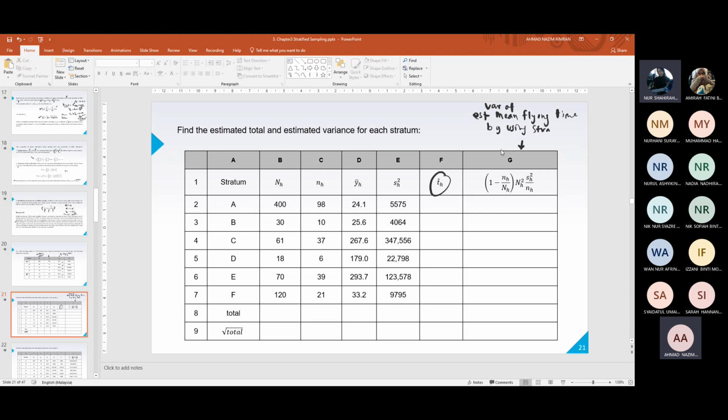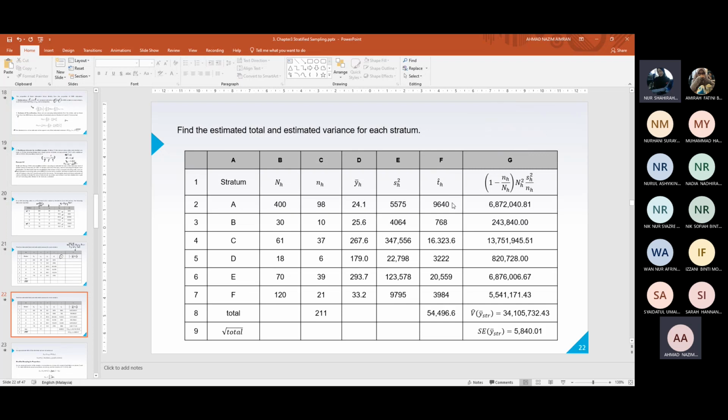Then if you calculate for each one by using the formula that I have shown you, you will get this value. The estimated population total for stratum A is 9640, B 768, and so on. Then you can also calculate the estimated variance of the mean flying time by using stratified random sampling, and then you can calculate the standard error here.